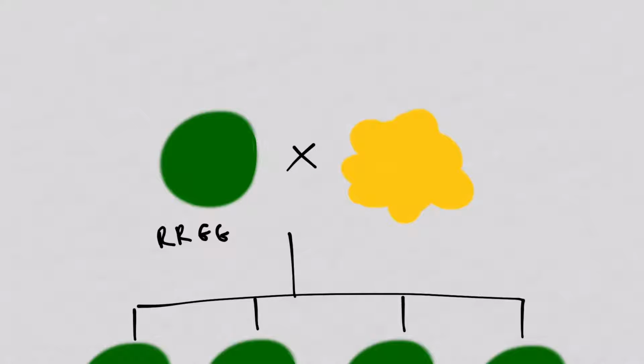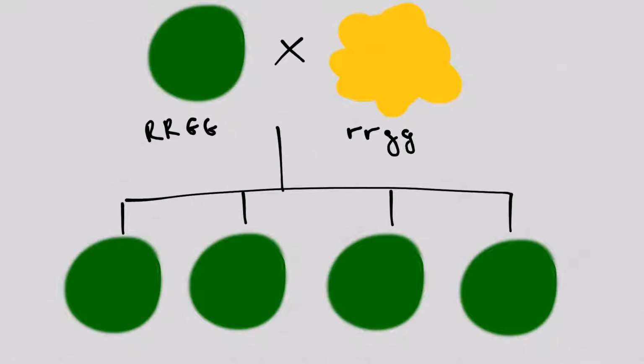And this one, same thing, homozygous wrinkled, little r, little r, and homozygous yellow, little g, little g.